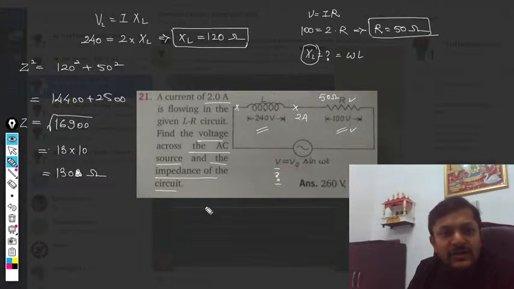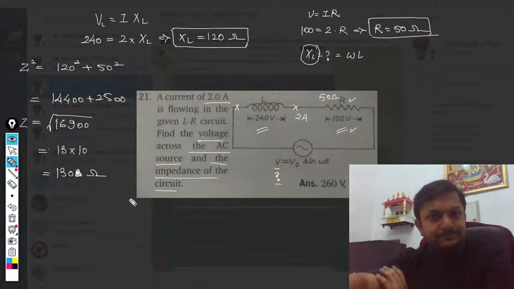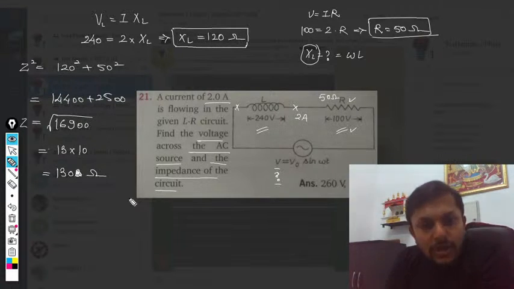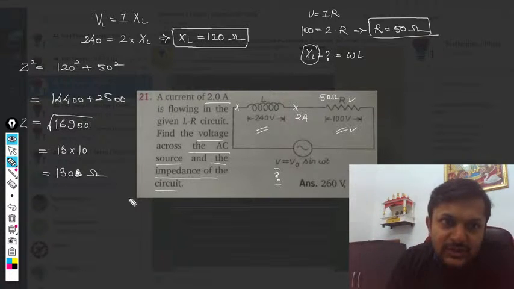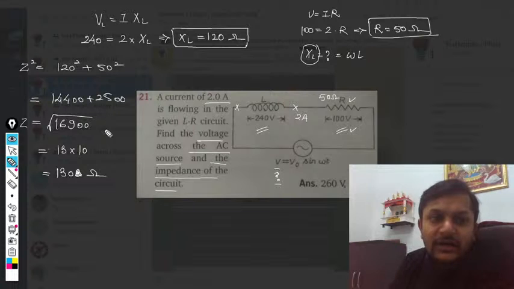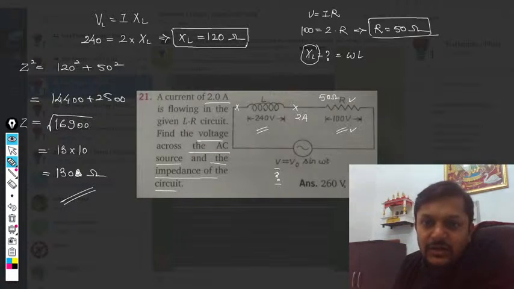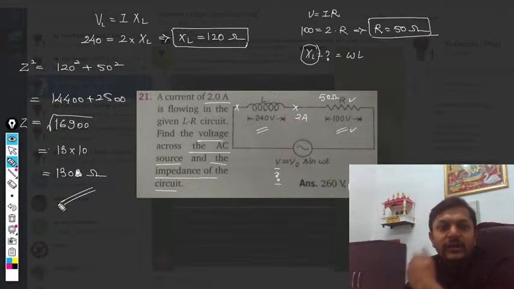So our answer is 130 ohms. Okay, so we have completed it. तो बेटा आपका ये वाला डाउट भी क्लियर हो गया है. 130 ohms, that will be the impedance. You can see. So this is how we will find it.